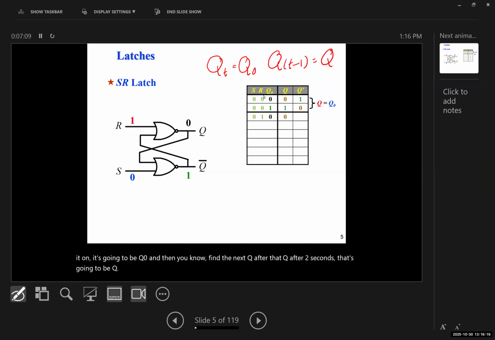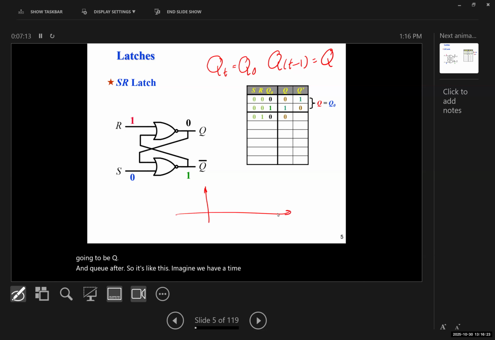Imagine we have a time series, okay? Q0 is when you turn on. Then Q1 is after you change at 1 second, and Q2 is after 2 seconds, okay? But if you have Q1 at 1, then Q1 would be Q0 for Q2.